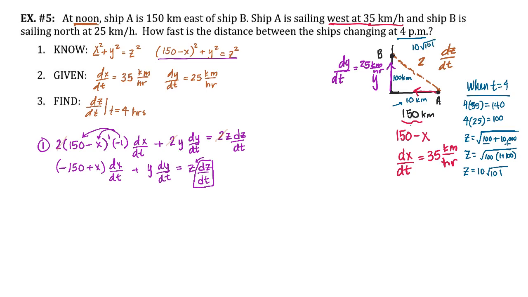Now, let's go ahead and fill in. I think we have all the pieces that we need to fill all this in. So for the second step, let's sub in what we know.